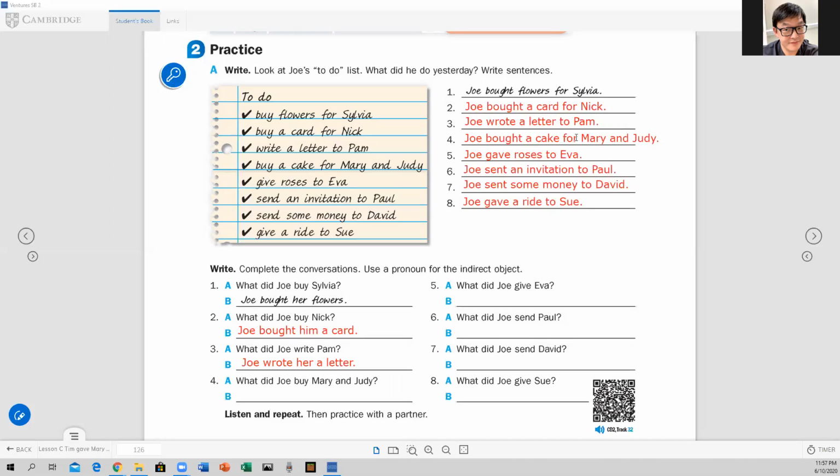Joe bought a cake for Mary and Judy. Now we change that and it becomes, do you know how to do this one? Joe bought them a cake. Them because it's Mary and Judy, plural. Okay. Easy or difficult? Not that difficult, right?